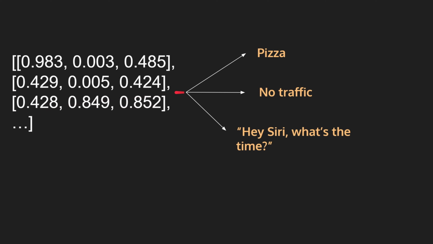Okay, and we take those numbers and then we decide whether it's pizza, traffic, or even, hey Siri, what's the time? And these are typically probabilities, right? And you'll see later on how these work. Perhaps, maybe not in this video, but I would definitely discuss how it works in later videos.